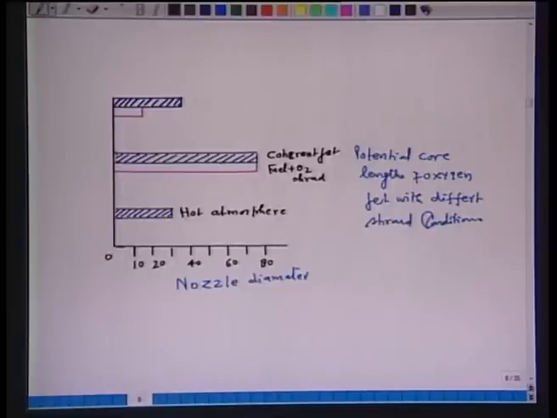Now, again say this is a supersonic jet. This is a supersonic jet with no shroud. So, what is being illustrated over here is that a jet surrounded by the flame, that is called the CoJet.